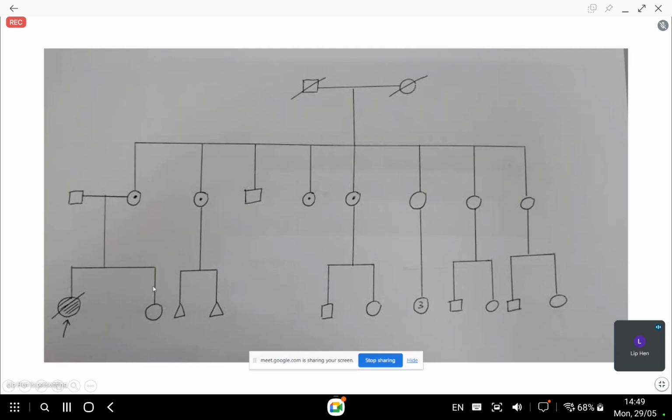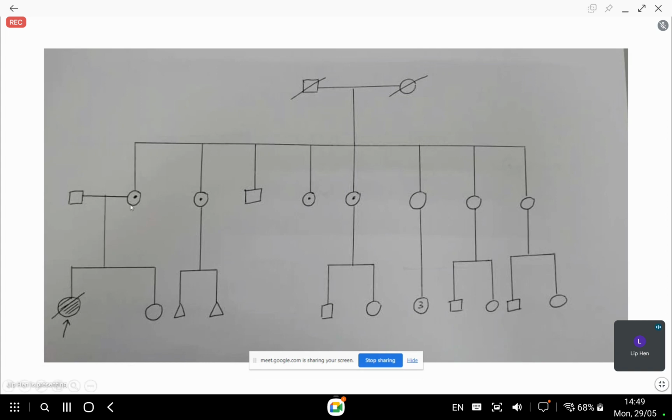For the ones who are normal and healthy, it's important to provide genetic counseling and do karyotype testing when they are planning for their own family after 18 years old.